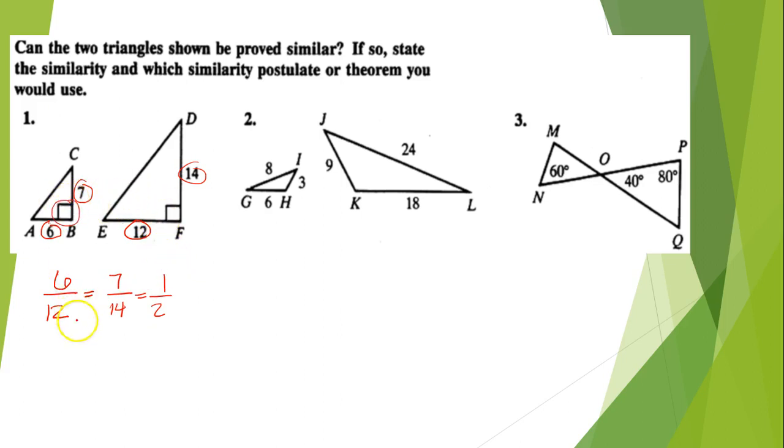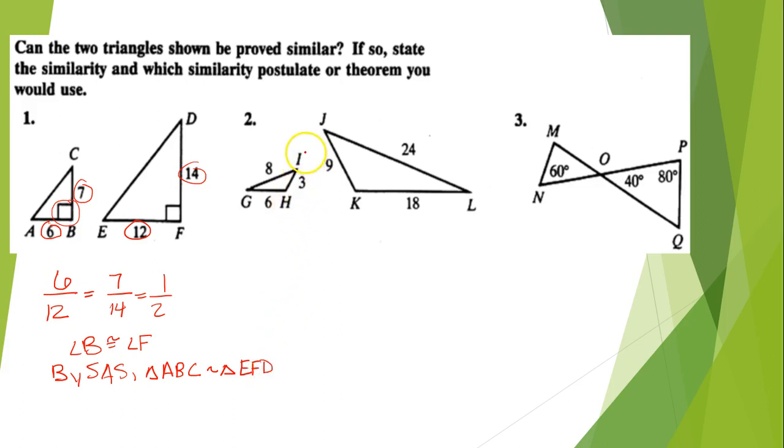And since the included angle B is congruent to angle F, we know that by side angle side, triangle ABC is similar to triangle EFD. And we're done with that one.